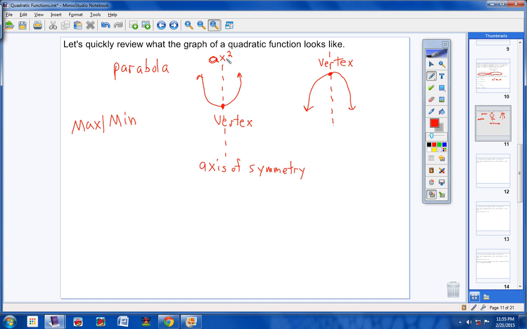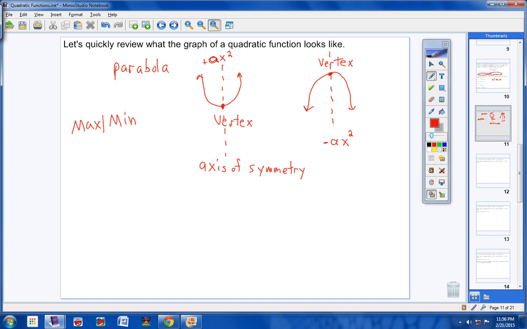If it's positive, then the parabola is going to open upward. If your a is negative, the parabola is going to open downward, okay? So please don't forget that a is always the coefficient of the x squared term, okay?